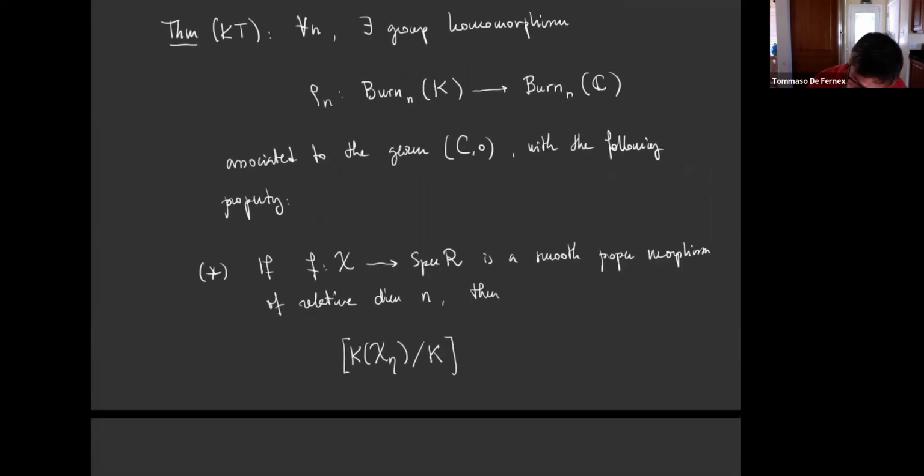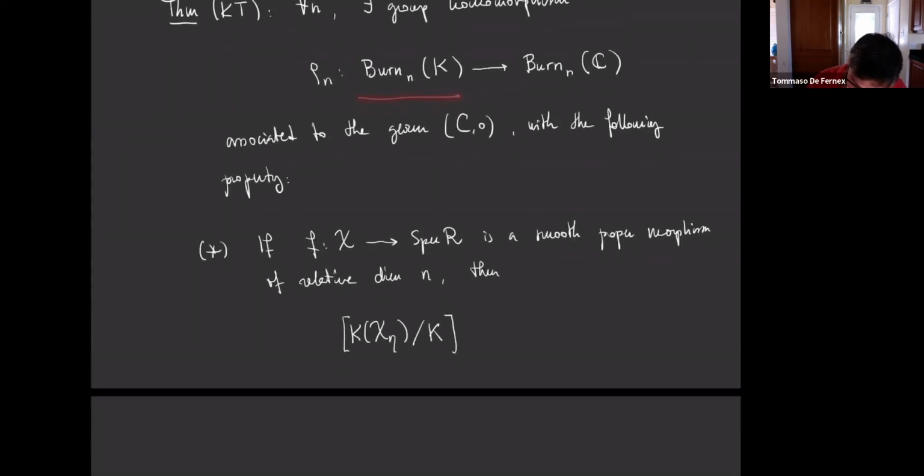I look at this function field, which is a field extension over K. So this defines an element in the Burnside group. I just take the image under rho of this, and since the family is smooth, I want this to be equal to the class of the function field of the closed fiber.